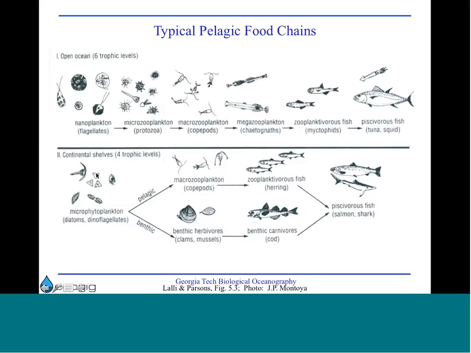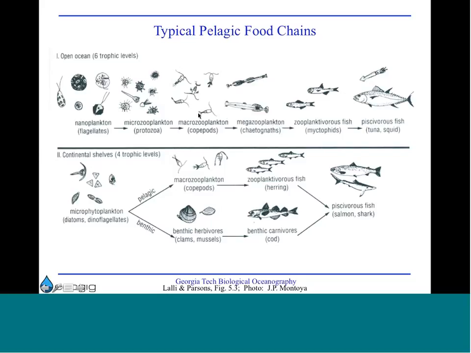On the continental shelves, there are typically fewer steps connecting the primary producers to the big fish that we care about, but there's also a benthic component, a seafloor component, that can also be important in channeling energy and material from the primary producers up to those big economically important fish.